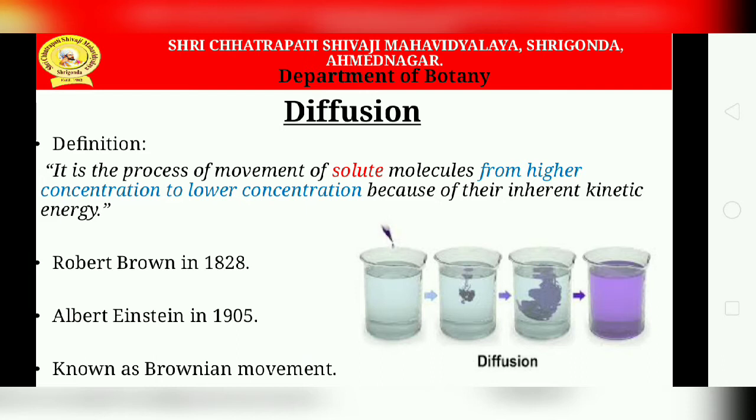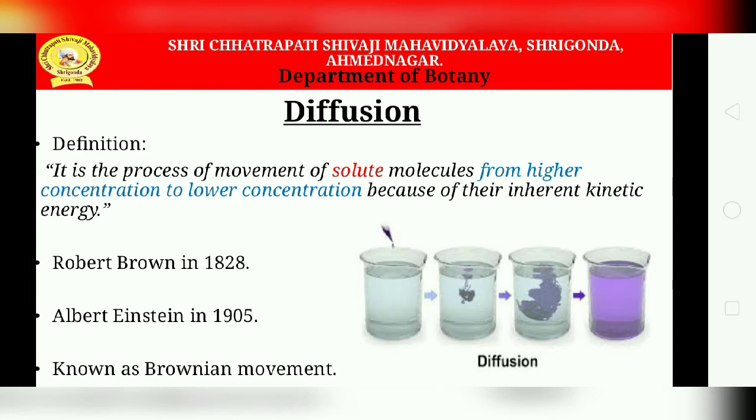He found that minute particles suspended in a liquid medium, just large enough to be visible under an optical microscope, exhibit a rapid, continuous, irregular motion. This movement of particles is known as Brownian movement.